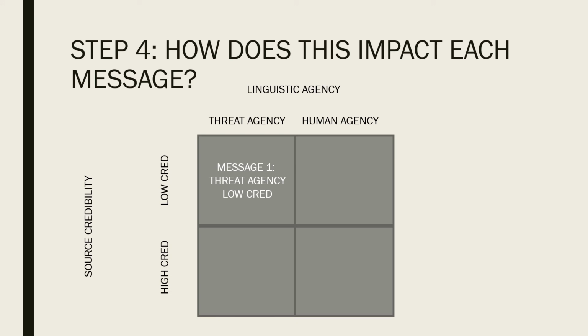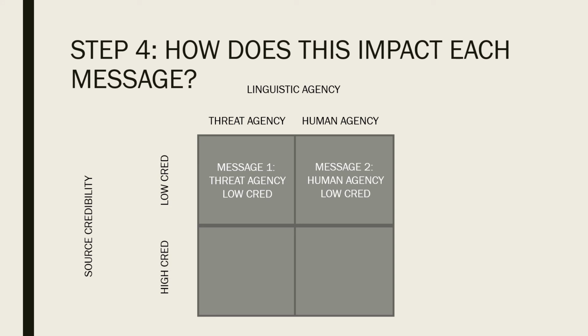So you can see my first message is threat agency and low credibility. You can see I just simply pulled threat agency down from my linguistic agency factor, and I pulled low credibility over from my source credibility factor. So message 1 is going to have a combination of those 2 manipulations.